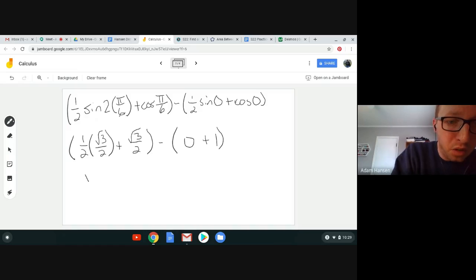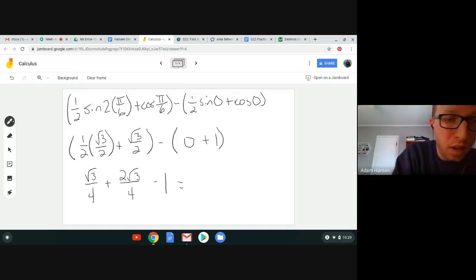Simplifying further, that would be the square root of 3 over 4. I'm going to convert this to a common denominator so that I can simplify it. Root 3 over 2 becomes 2 root 3 over 4 minus 1.